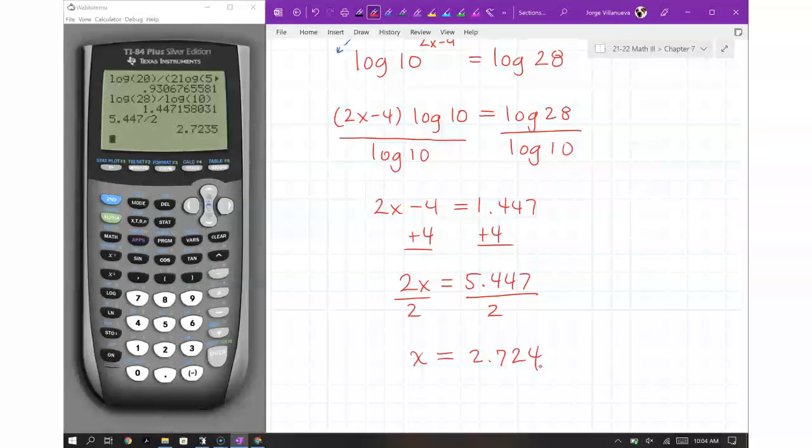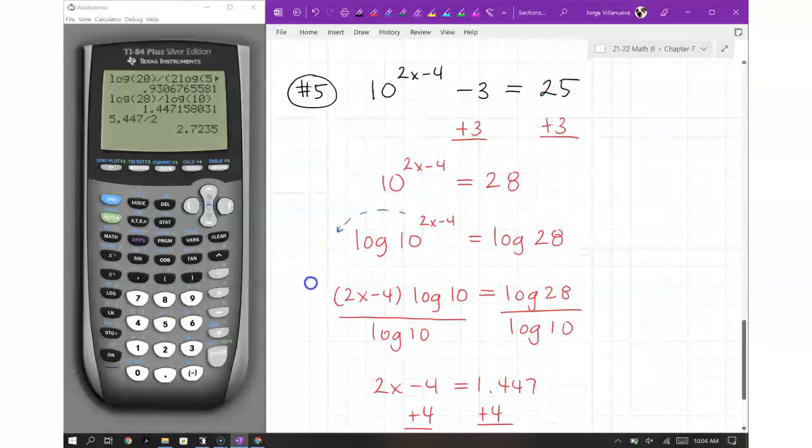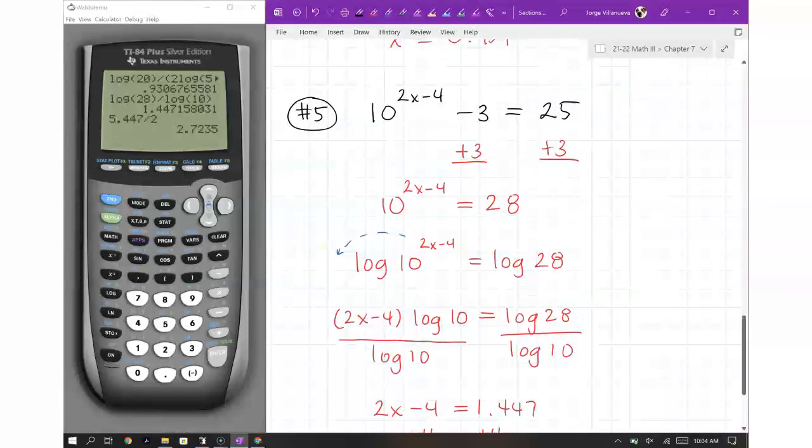And then 7.9 is the ones that have powers like these, a 2x minus 4 power, or maybe just a 2x power, but not just x. It's going to have something there. It might be an x minus 7 or a t minus 3 or whatever variable they're using. But you're still going to work on it the same way. You're going to introduce logs, bring down the powers, and just solve.